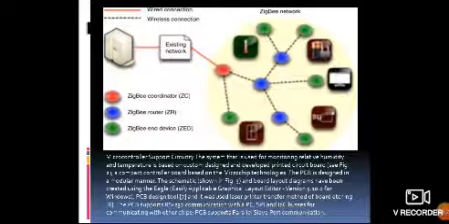Red ones show the Zigbee coordinator, blue ones show the Zigbee routers, and green ones show the Zigbee devices.